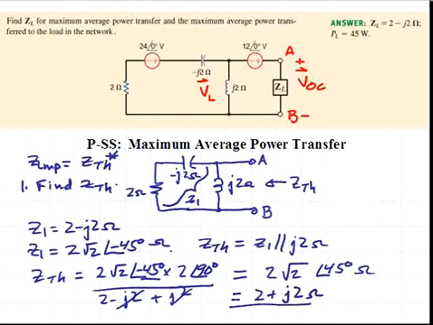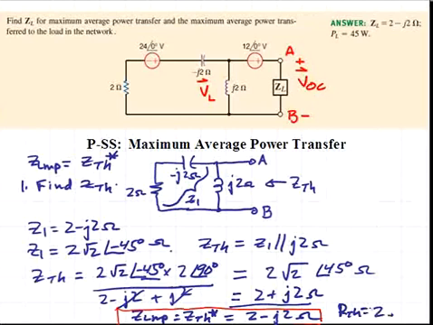And from our matching condition for achieving maximum power transfer, we'll have that Z L for maximum power is equal to Z Thevenin conjugate, which is equal to 2 minus j2 ohms. The Thevenin resistance component then is equal to 2 ohms.